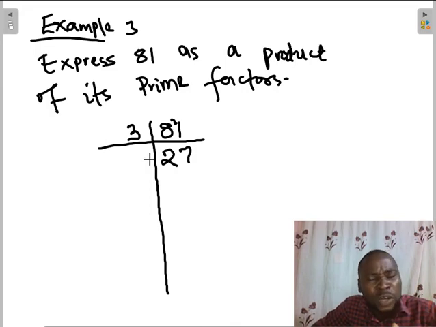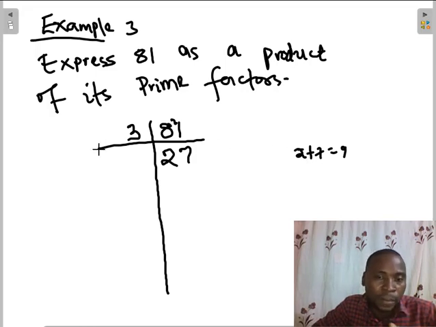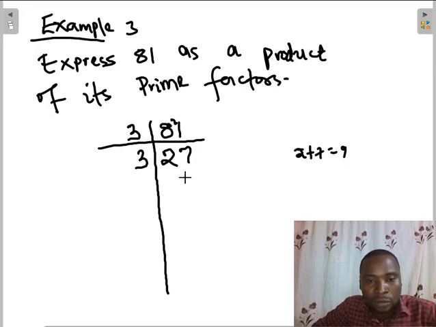Get 3 going into 27. Again, check, do the test of divisibility for 3, and you're going to find that out. Let's add the digits. 2 plus 7, that is 9. It's still 9. It means 27 is divisible by 3. So we divide that 3 into 27. That gives us 9. Of course, we know that 3 can still divide 9.